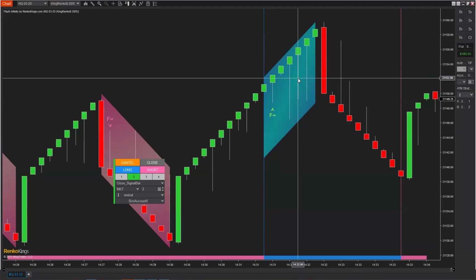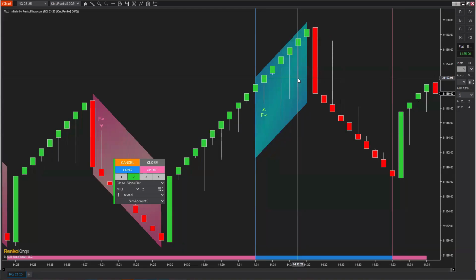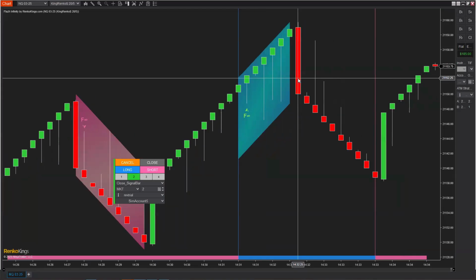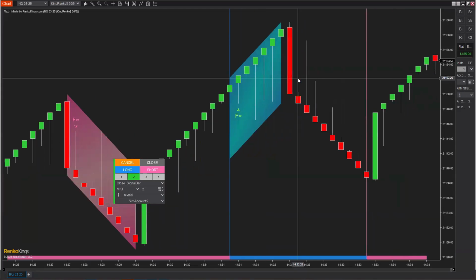I am using it so I can show as many live trades as possible here. But obviously, I'm sure you have an ATM that is far superior to this one. This is not a demonstration of the ATM. This is a demonstration of the system. Okay.